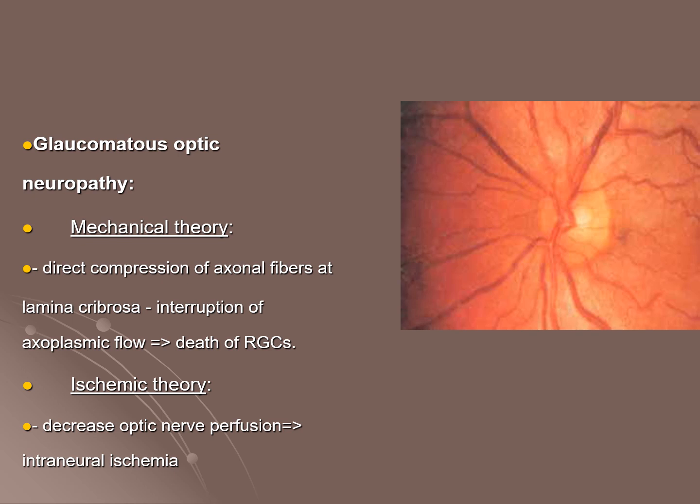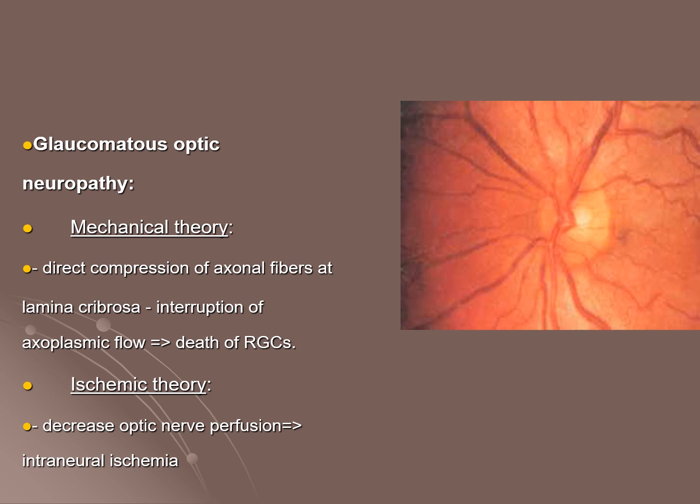So glaucomatous optic cup is caused by two mechanisms. Two theories are postulated to account for the death of the retinal nerve fiber layers. Initially, the vertical portion, upper and lower fibers, are involved.